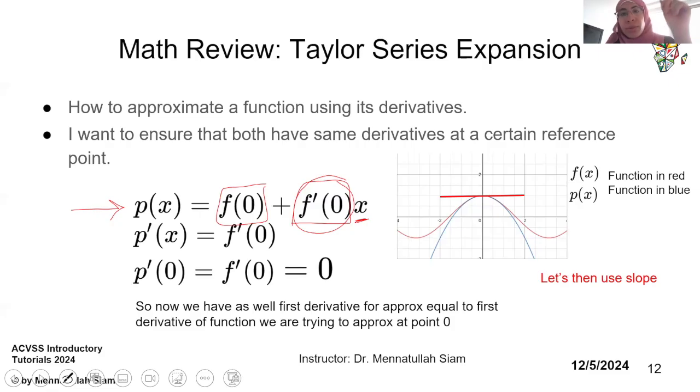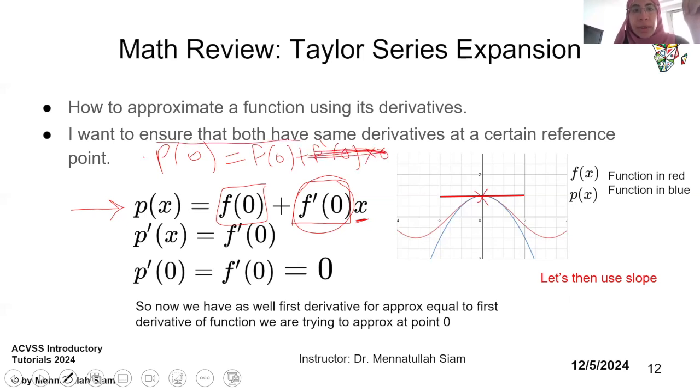So in this case, it's not only that they're going to be equal at p of 0. p of 0 is just going to be f of 0 plus f bar of 0 multiplied by 0. So they're equal at point 0, but also their first derivative is equal. So I'm making sure that this point is the same, but I'm also making sure that the slope is the same.